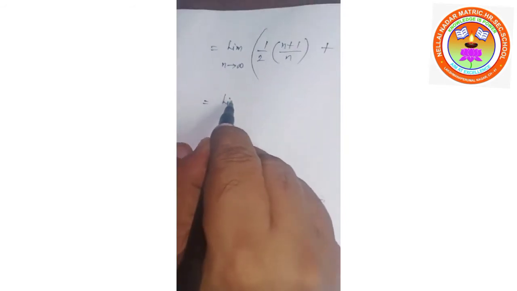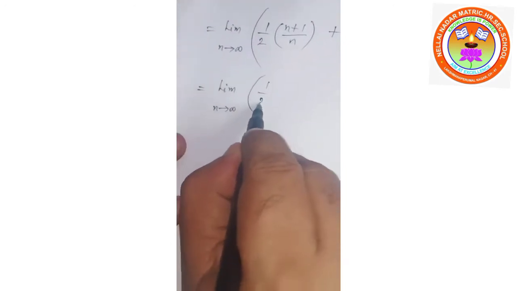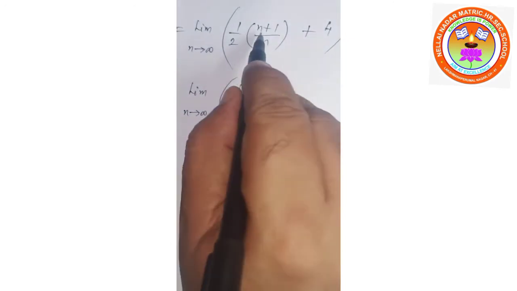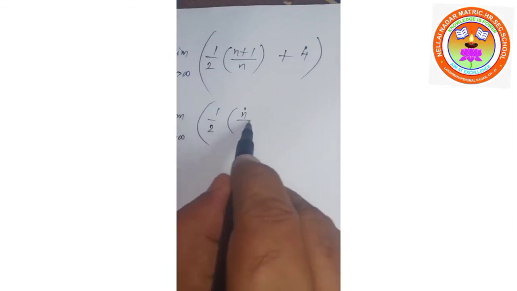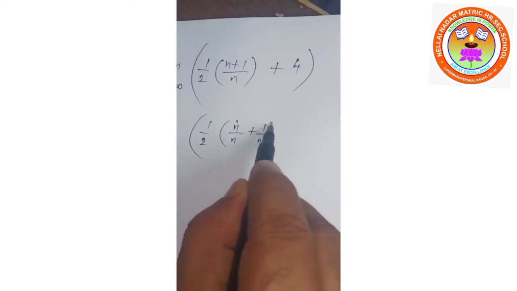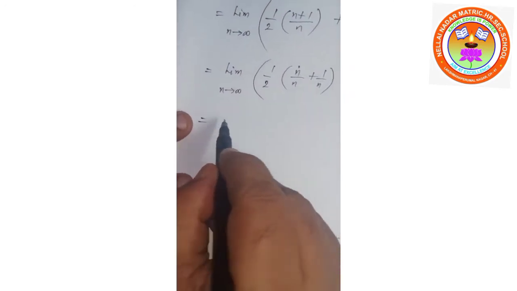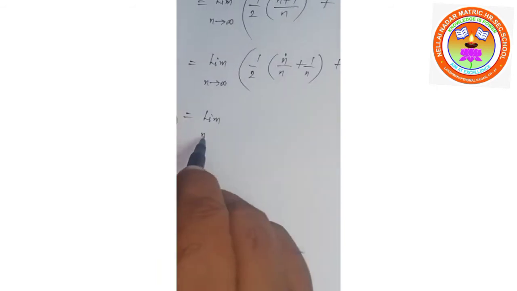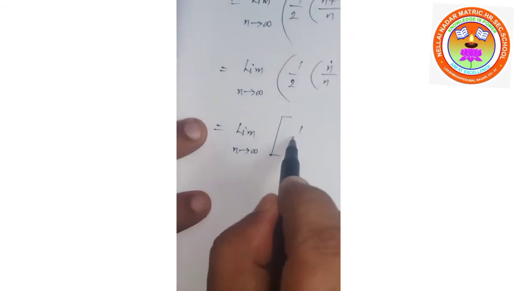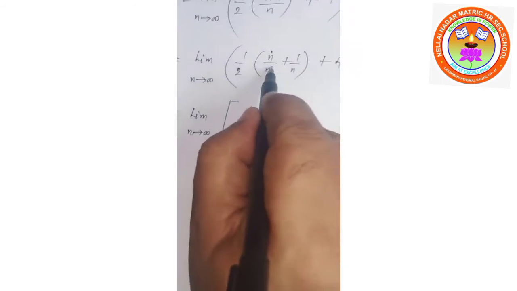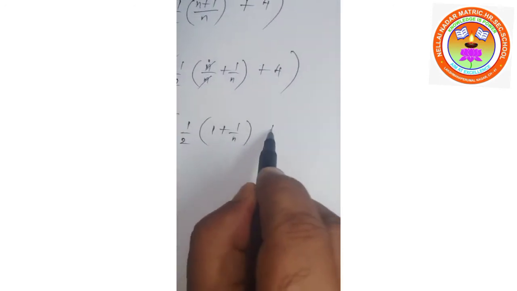Equals limit n tends to infinity, write 1 by 2 into n by n plus 1 by n. It can be separated as n by n plus 1 by n plus 4. Limit n tends to infinity, 1 by 2 into, both n get cancelled, 1 plus 1 by n plus 4.